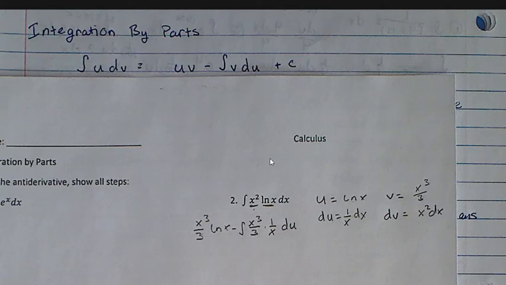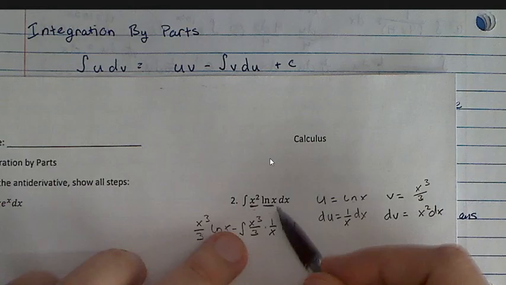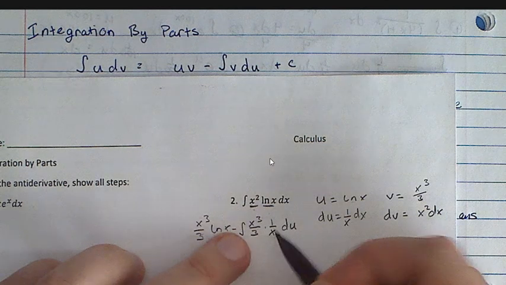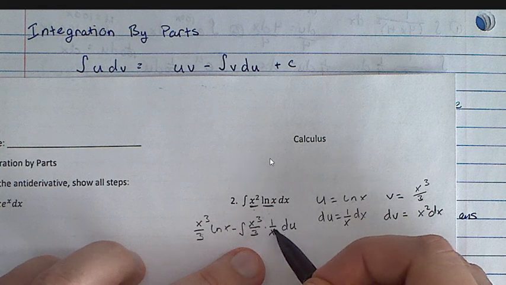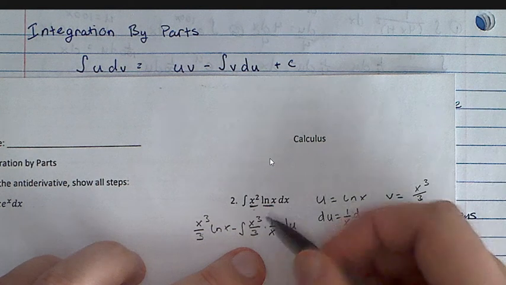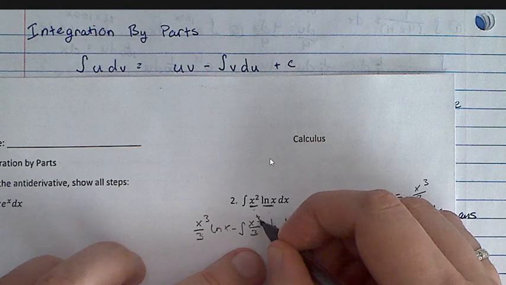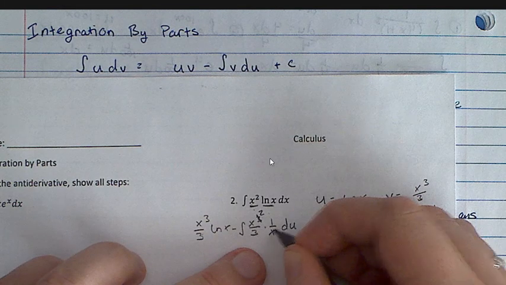Now, in that second integral, what can I do to make my life easier? Simplify, cross reduce. This x to the third and this x would cross out toward x squared over 3, and then this x here would just go away.